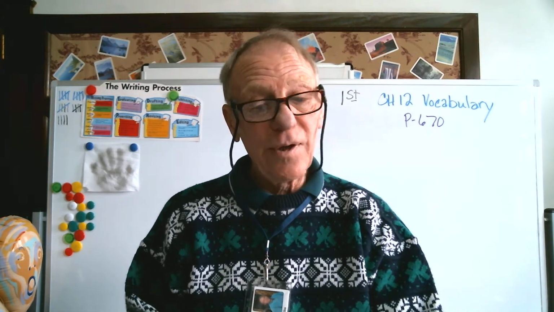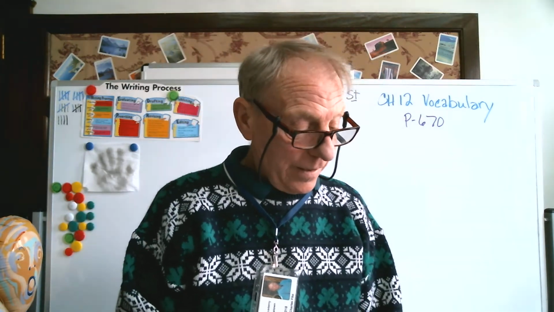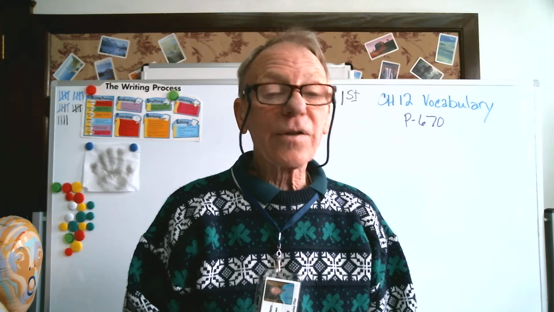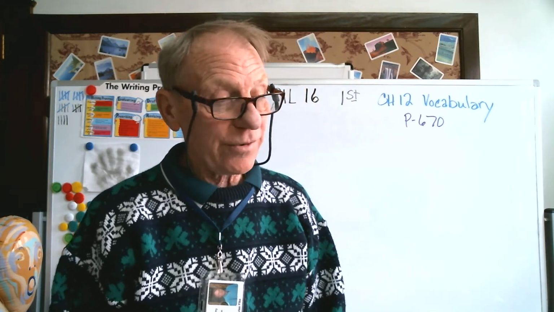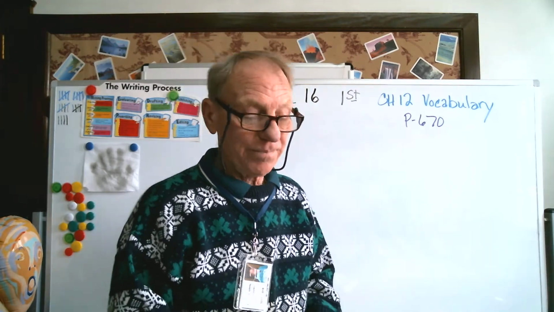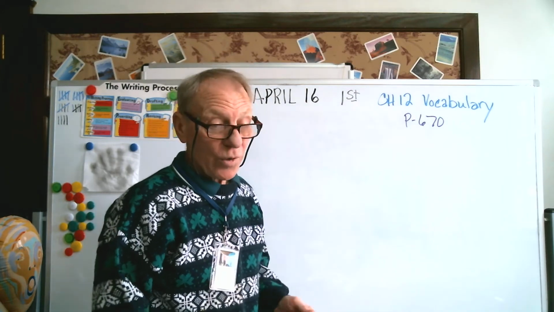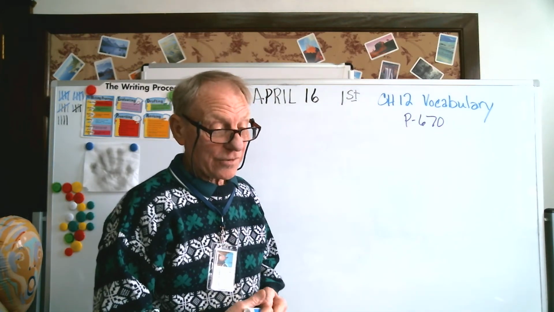These are shapes that you learned about way back in preschool. But let's just go over to page 670 and look at the vocabulary, because you got to know this. Spend some time understanding the definitions of what these words mean, because you're going to see them all through the chapter. If you don't know what the word means, you're just going to be lost.